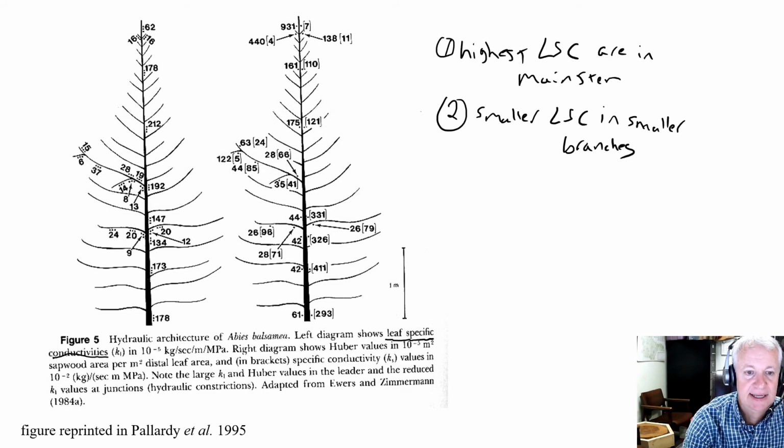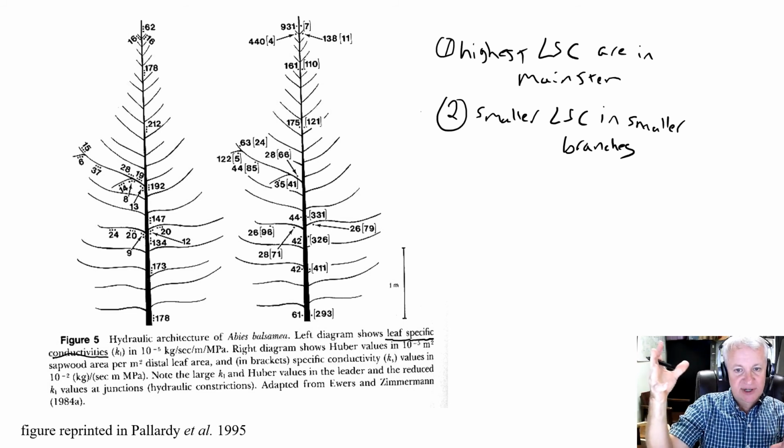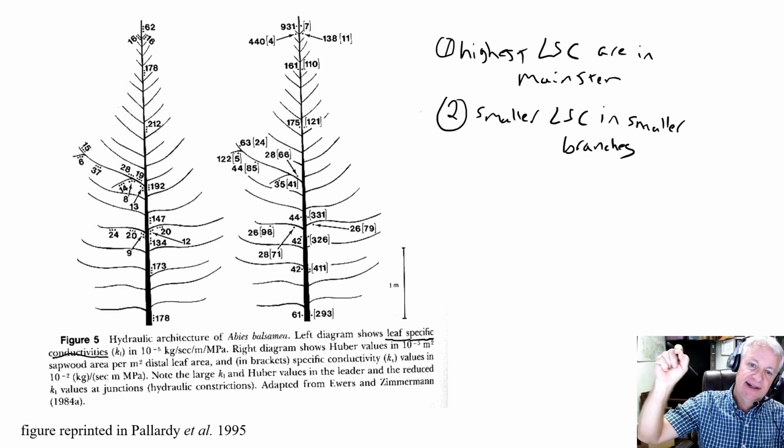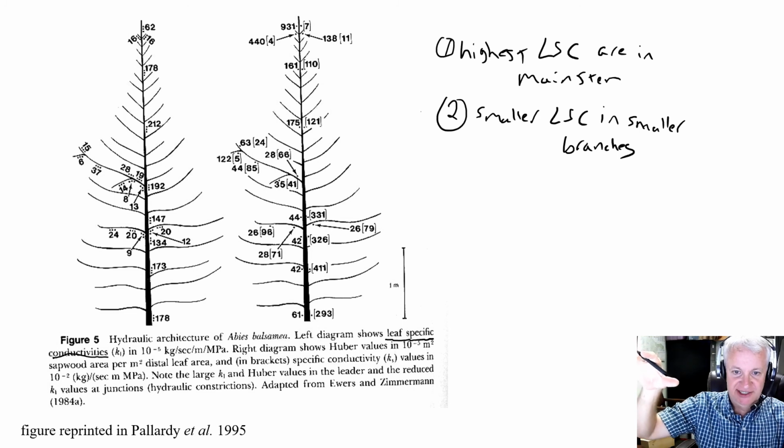And Ewers and Zimmerman hypothesized that what this did was essentially create zones of lower hydraulic conductivity out on branches.